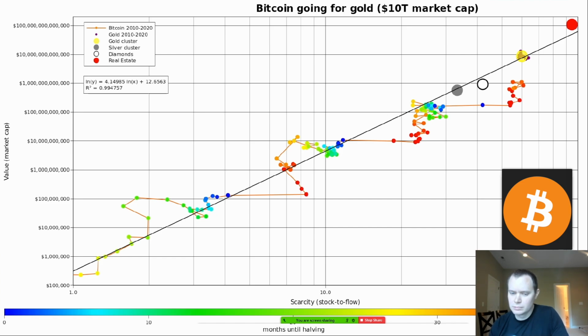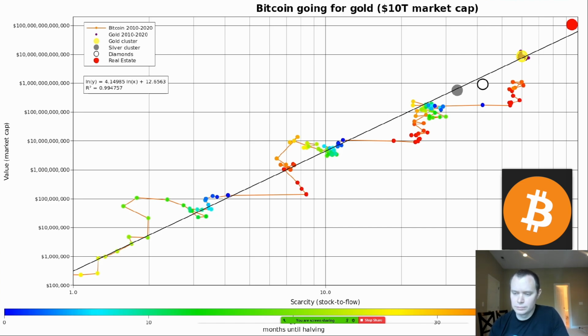There's, I think, 18.5 million Bitcoins at the moment. That's the stock. You divide that by the number of Bitcoins that are produced every year. And I don't know that by hand, but it's 365 days times 24 hours, times 6 blocks, times 6.25 Bitcoins.